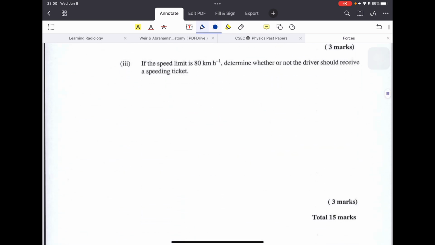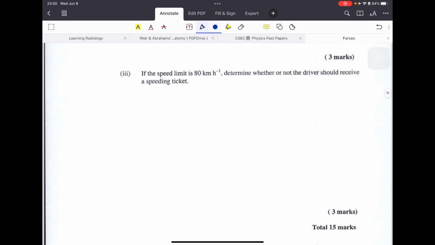If the speed limit is 80 kilometers an hour, determine whether or not the driver should receive a speeding ticket. What they're asking us here is to convert the 30 meters per second into kilometers an hour. So we have 30 meters per second, right? We have 2 things to convert here. We have the meters to kilometers and the seconds to hours, okay?